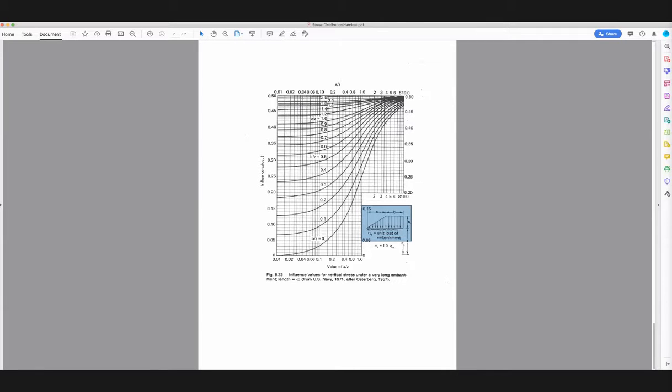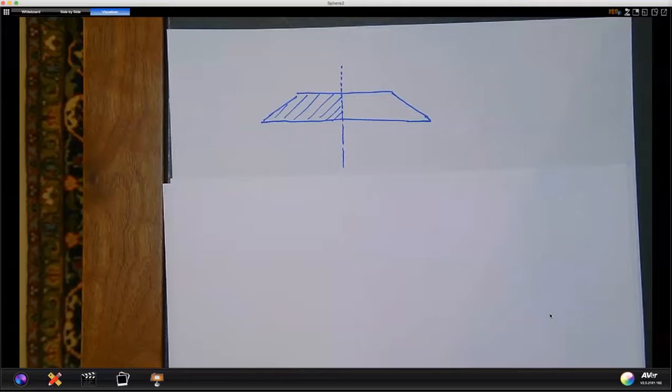So this is what is intended for the use of that chart.